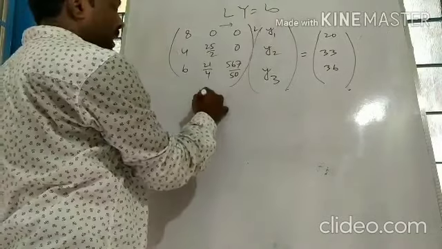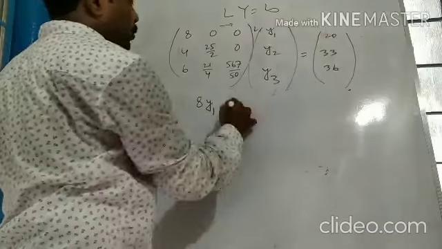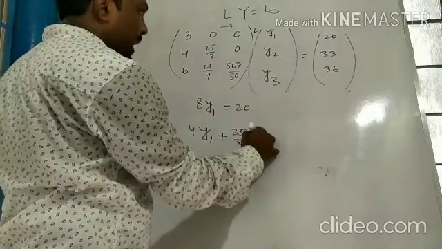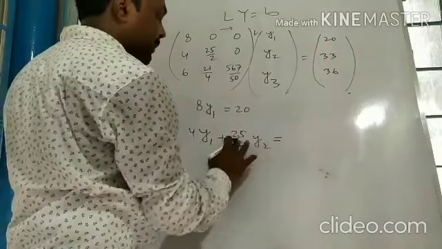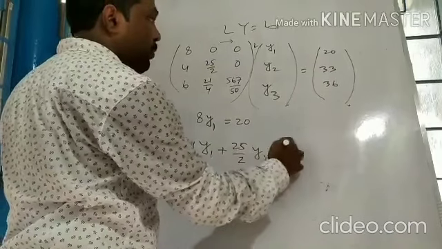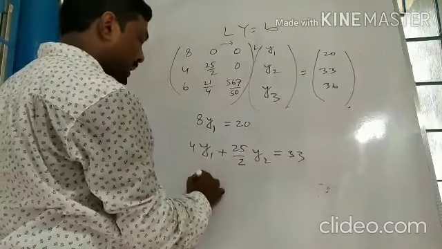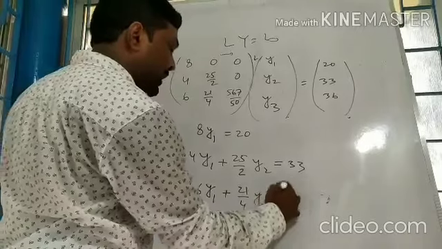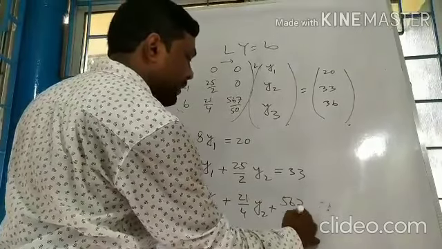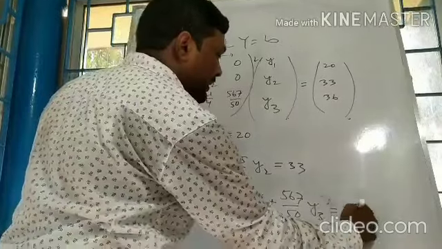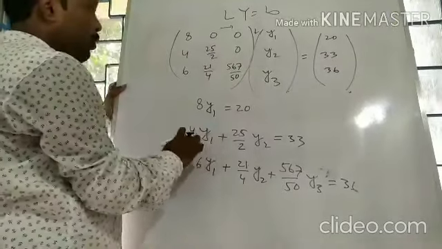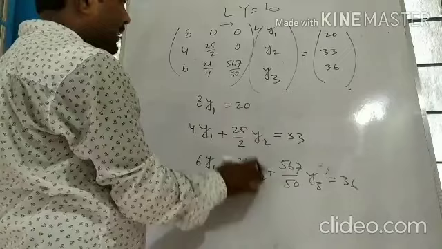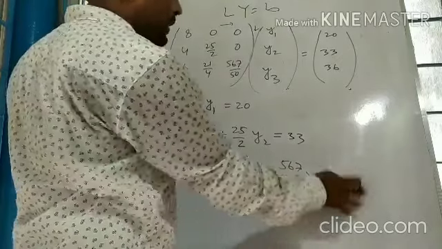That is 8y1 equals 20, 4y1 plus 25 by 2 y2 equals 33, and 6y1 plus 21 by 4 y2 plus 567 by 50 y3 equals 36.